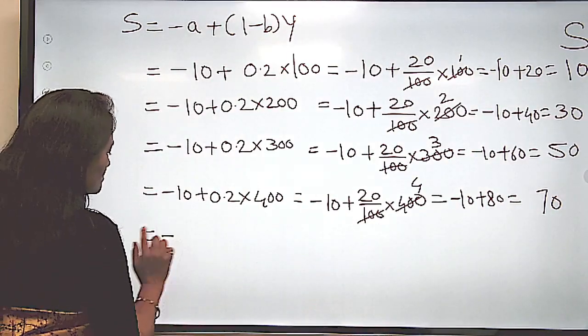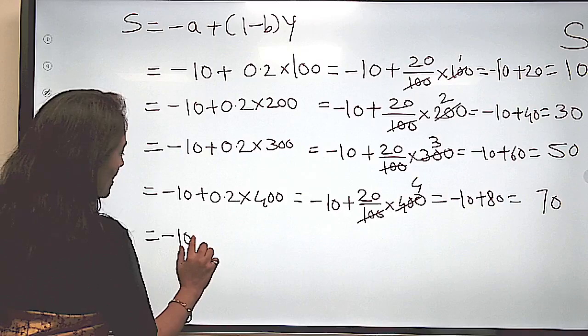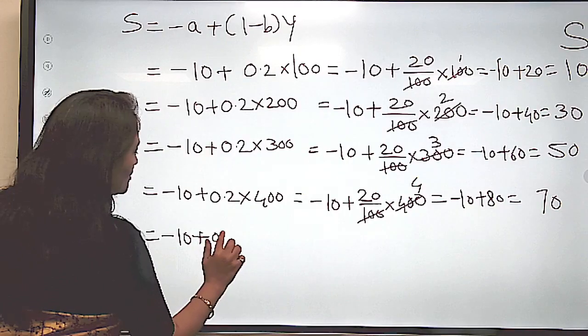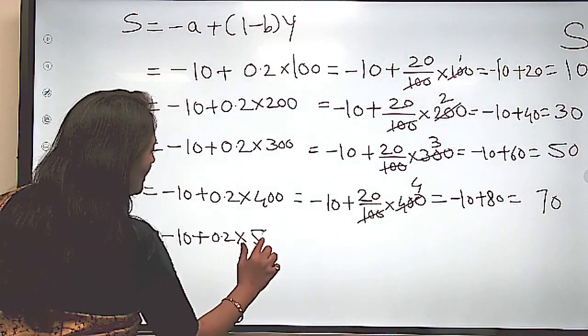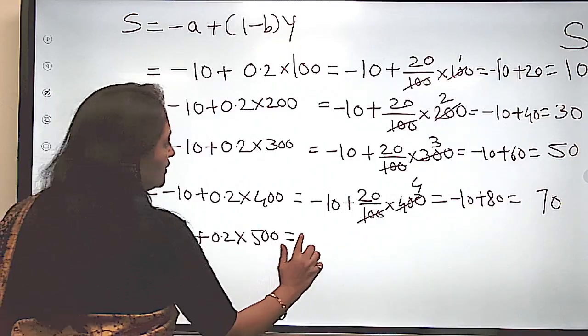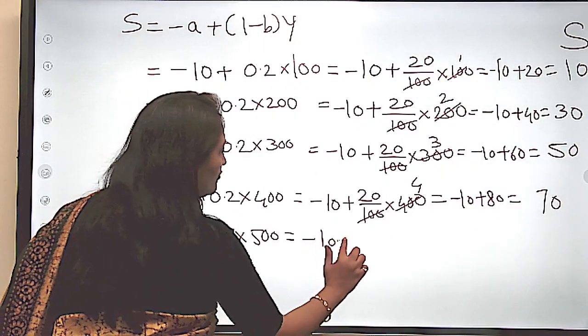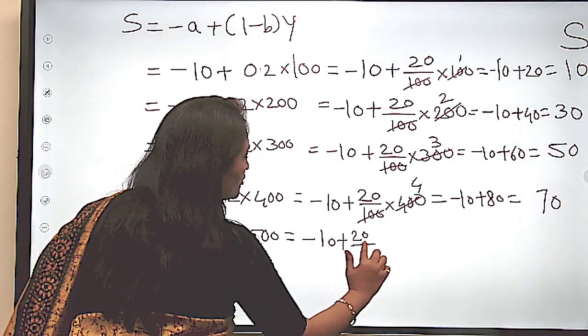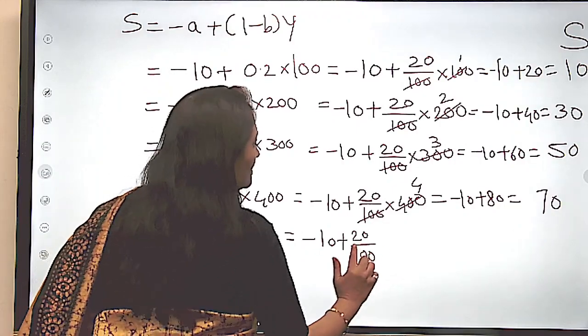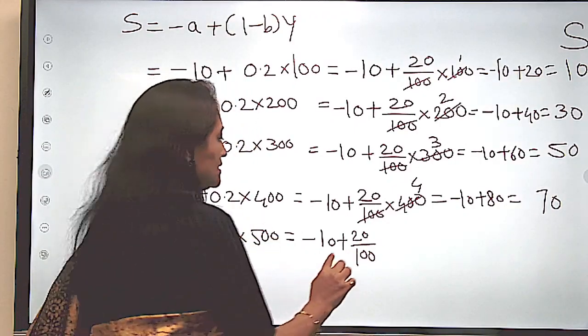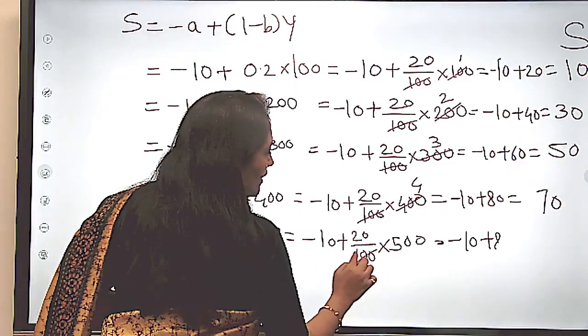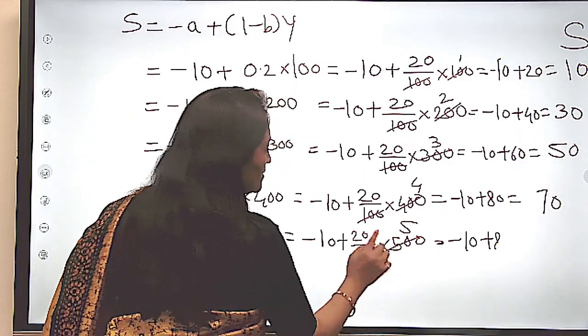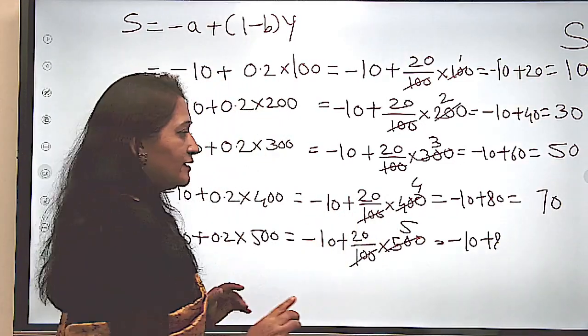One more value we'll try. Minus 10 plus 0.2 into 500. I'm just solving this saving function by keeping the values of A and B as they are. 100 fives are 500, so 20 into 5 is 100.